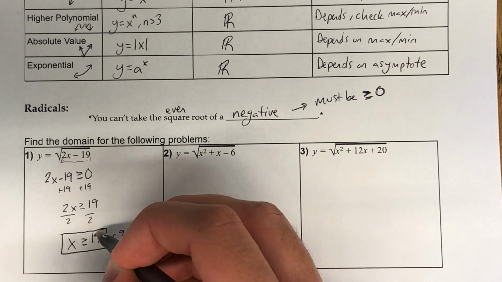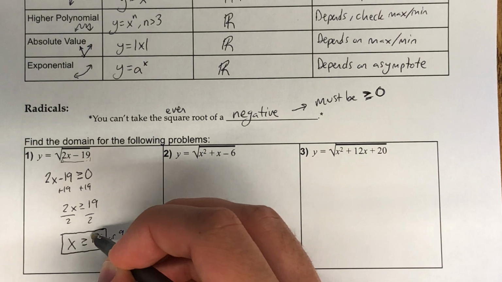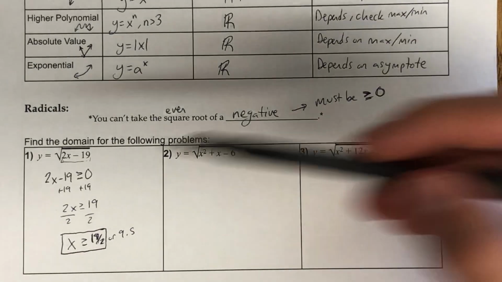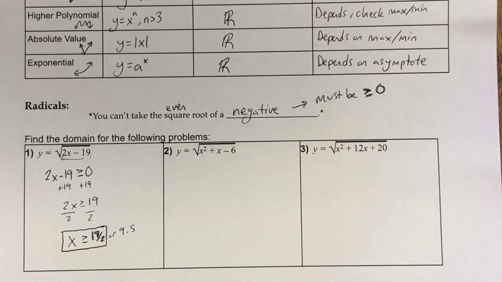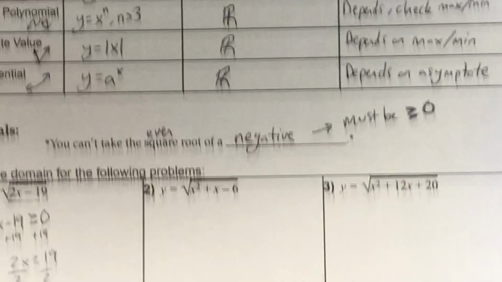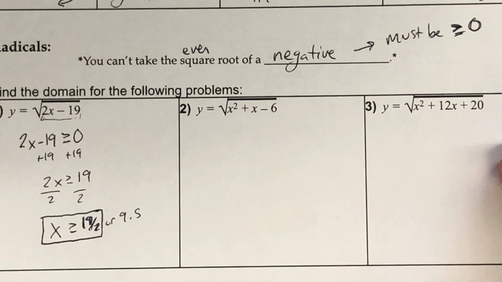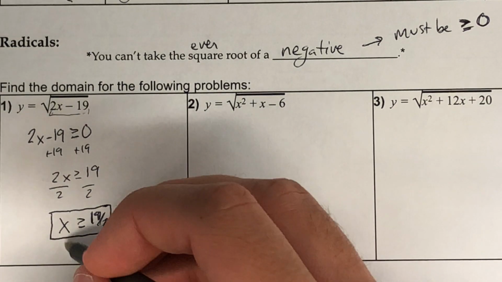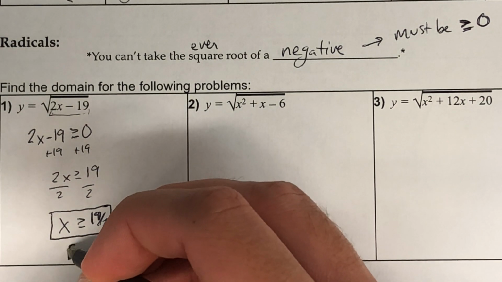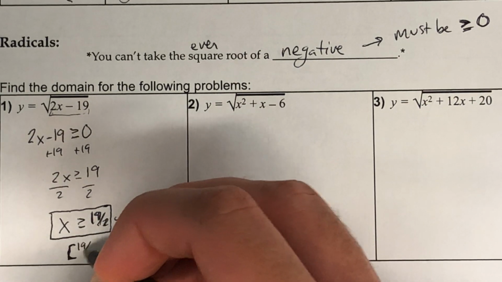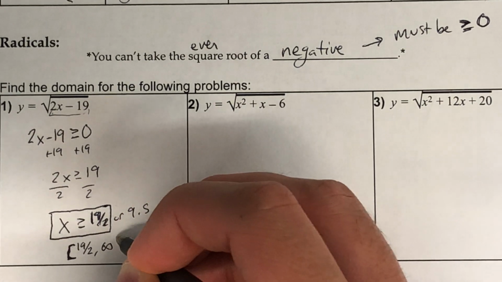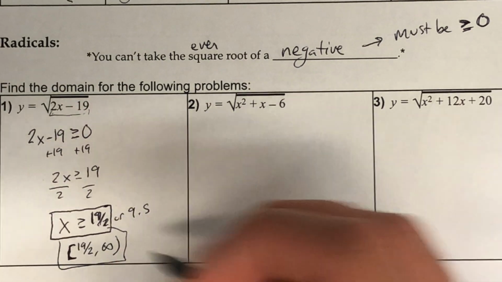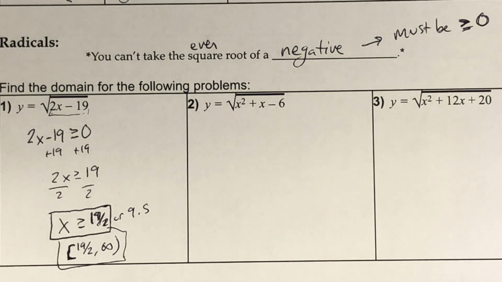All x values greater than or equal to 19 over 2 would make the square root greater than or equal to 0, so that would be our domain. x is greater than or equal to 19 over 2. Or, again, we can express it as an interval, so it'd be everything from 19 over 2 up to infinity. So either way would work in your expression of the domain.